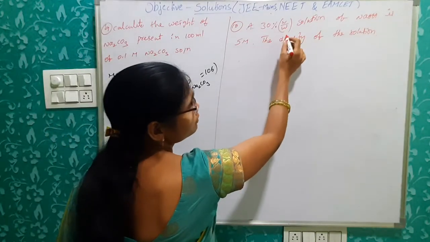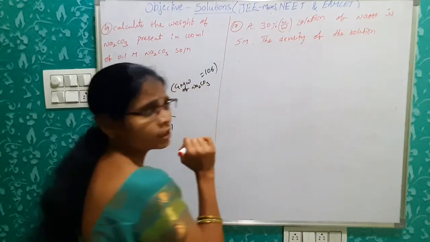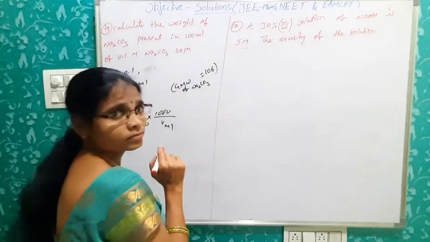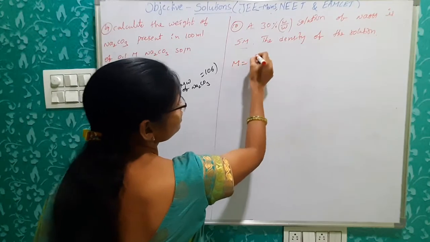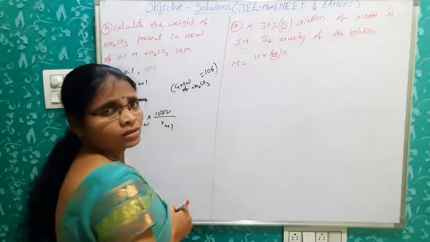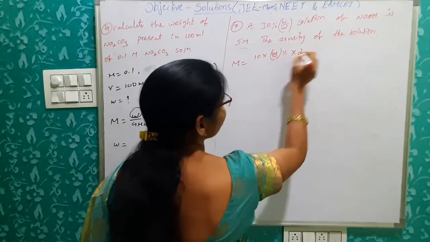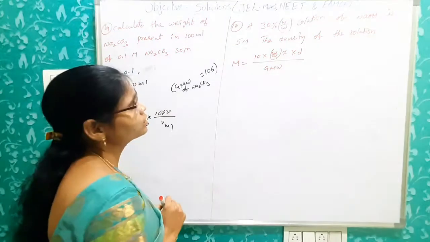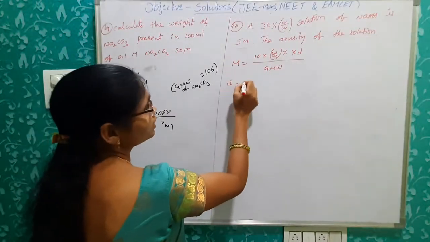Okay. Next, the 10th one, you also have to do. A 30% weight by weight solution of NaOH has molarity 5. Find the density of the solution. So what is the formula? Molarity is equal to 10 into weight by weight percentage of that solution into density by gram molecular weight of that NaOH solution. Okay, we have to calculate density.